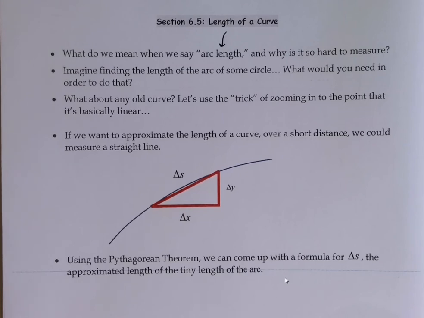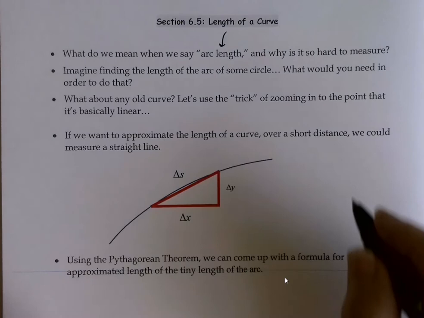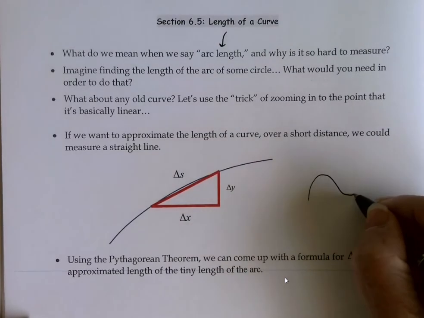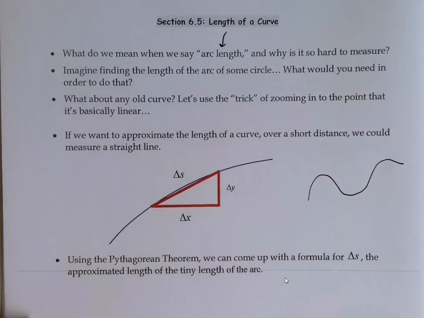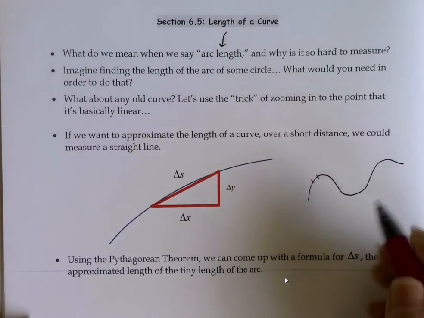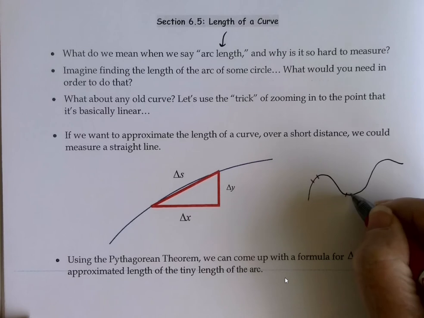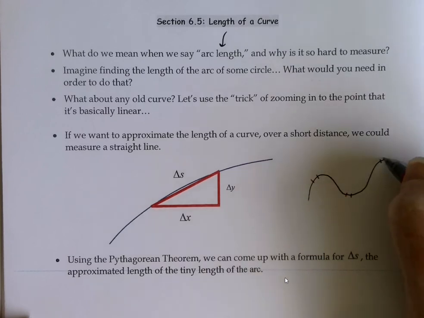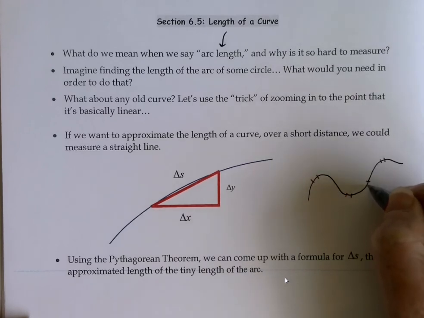Okay. In order to figure out the formula that we'll need to use, we're going to use a little bit of a trick of imagining that we're going to zoom in to the point where our curve turns into almost a straight line. If you imagine pretty much any curve, a small enough piece of that curve, anywhere, looks like almost a straight line.